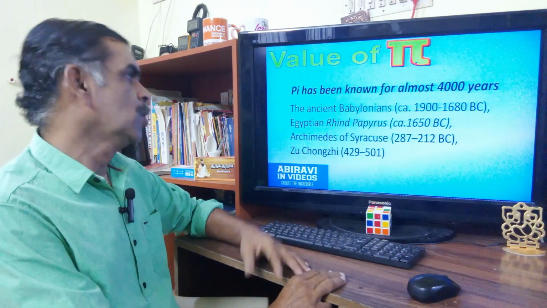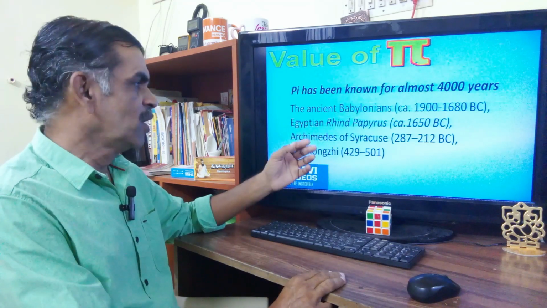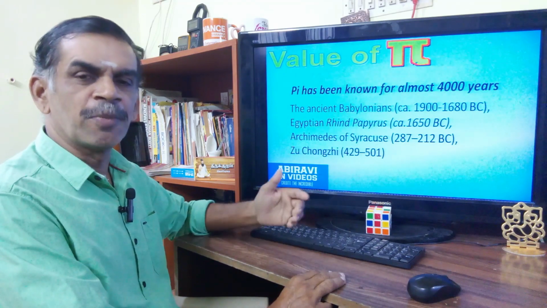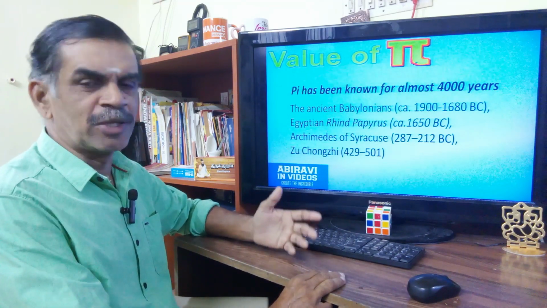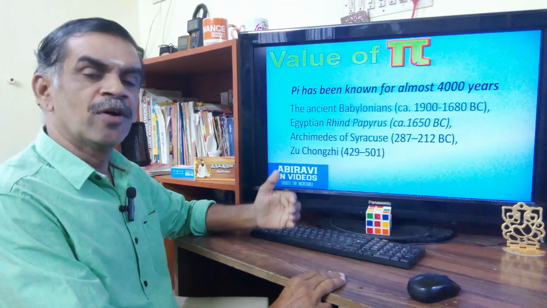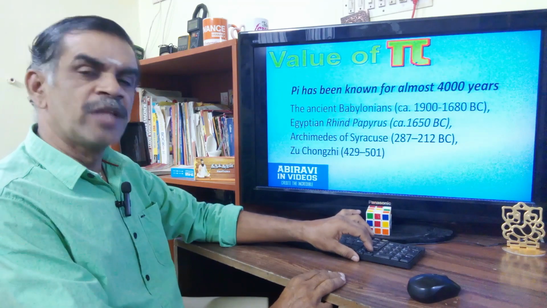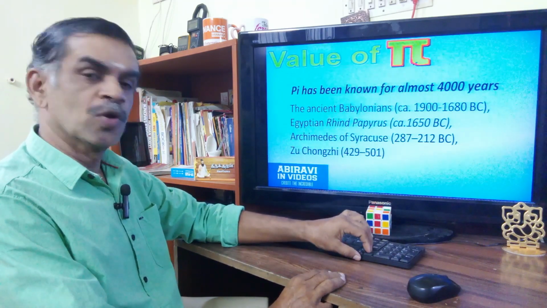The ancient Babylonians, Egyptians, Archimedes, Zu Chongzhi, the famous Chinese mathematician, and many more mathematicians tried to find the exact value of pi, but they could not. They could reach only the nearby value.